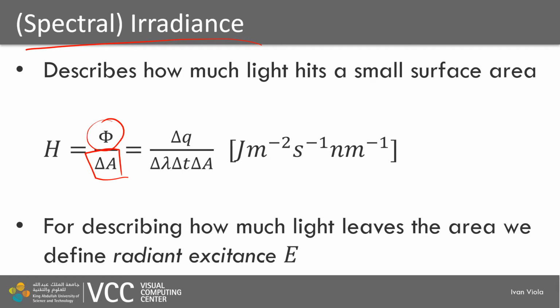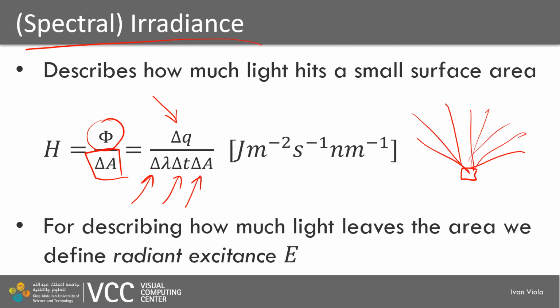If we further expand this equation, we can see that the energy is divided by the interval of wavelength, the interval of time, and the interval of area. So this defines the spectral irradiance. How much of the light is coming to this area over a certain time? The orientation of the photons is towards that patch.